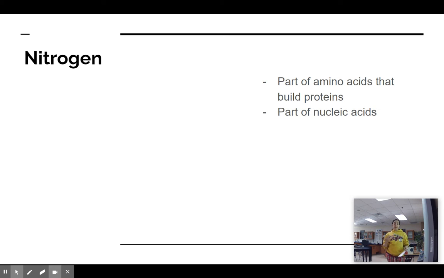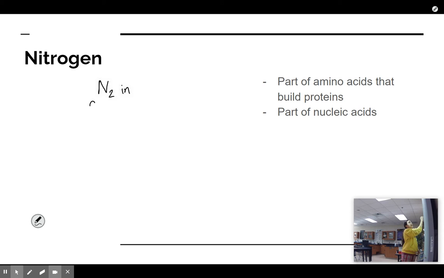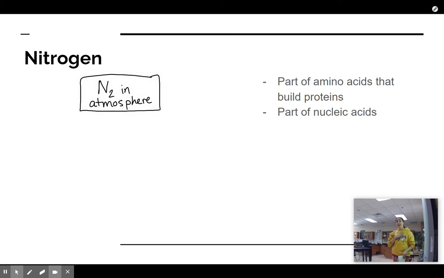So this is an important building block for those two types of molecules. So nitrogen, lots and lots of nitrogen exists as a gas in the atmosphere. About 80% of the air that we breathe is actually made up of nitrogen gas, but we can't use that nitrogen gas. We breathe it in, our bodies can't break it down, and so we just breathe it back out.